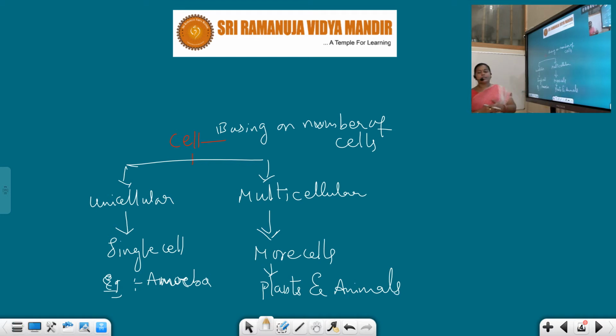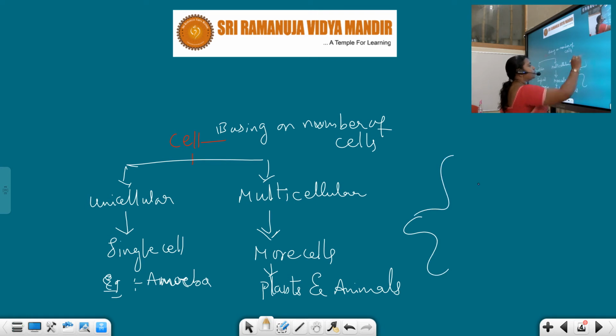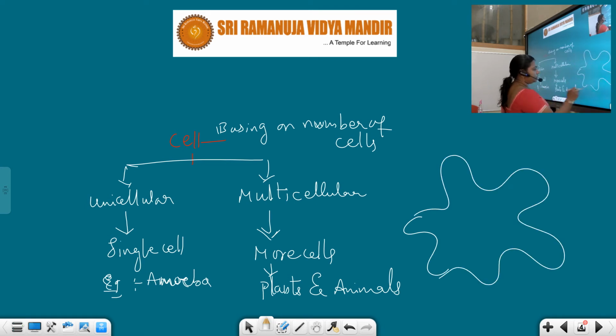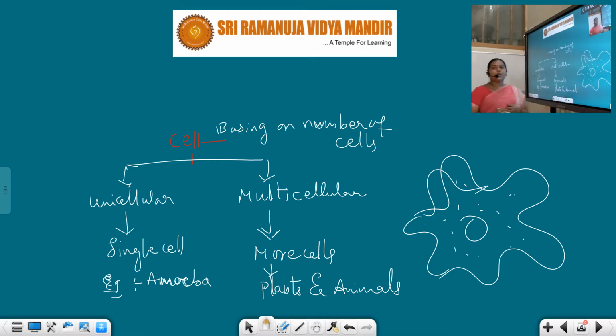So let us see the first one, unicellular organisms, amoeba. Students, this is the amoeba, right? Amoeba is a unicellular organism, an aquatic species. It mostly survives in water.